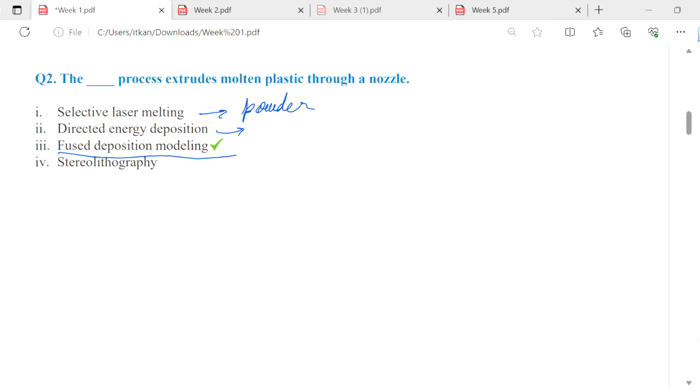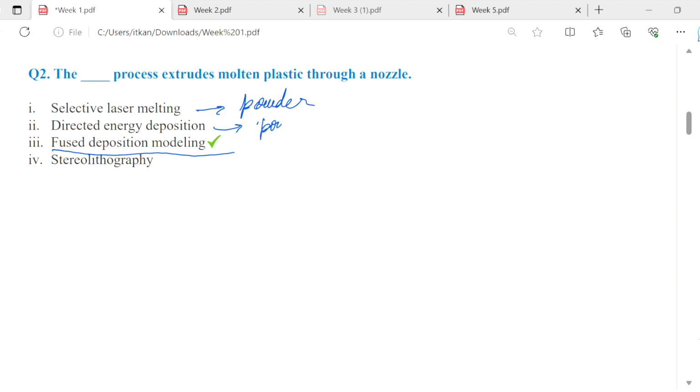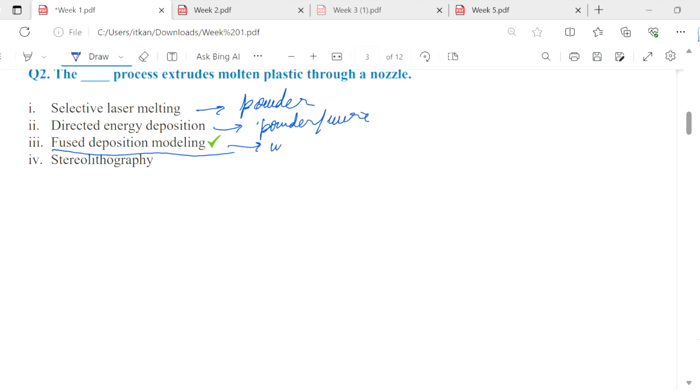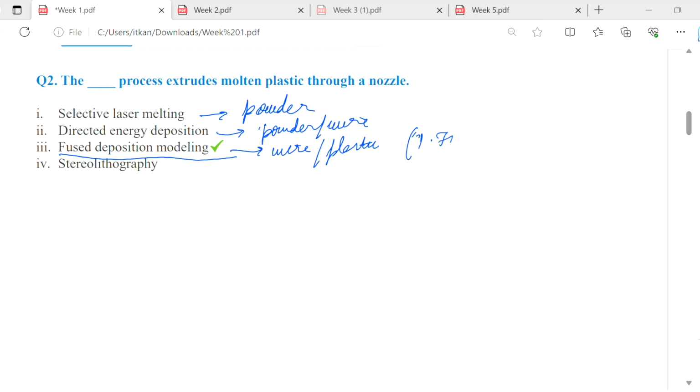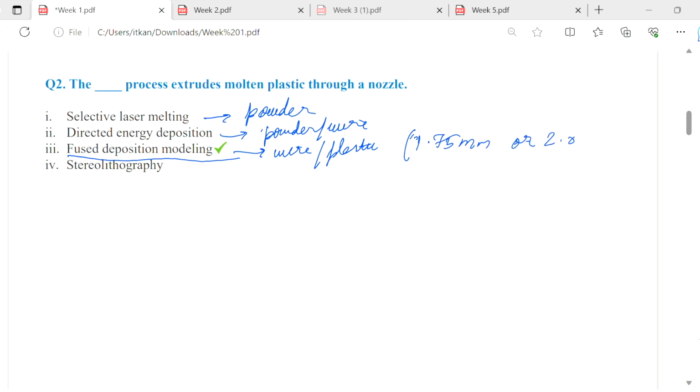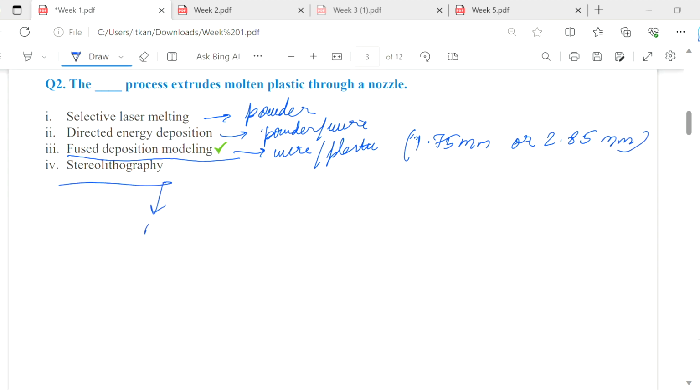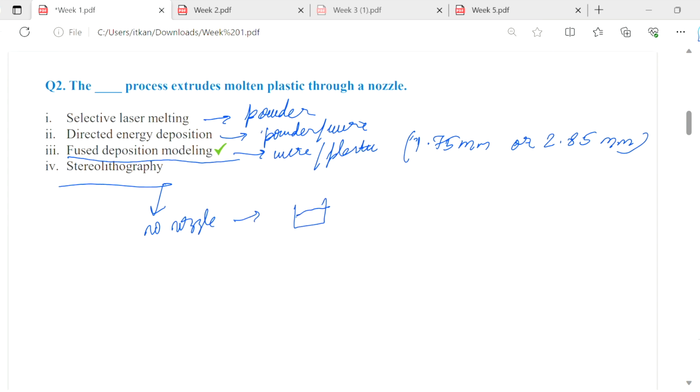In DED we have powder or wire. We have wire and plastic, 1.75 mm or 2.85 mm. In stereolithography there is no nozzle. There is a vat container, liquid inside the container.